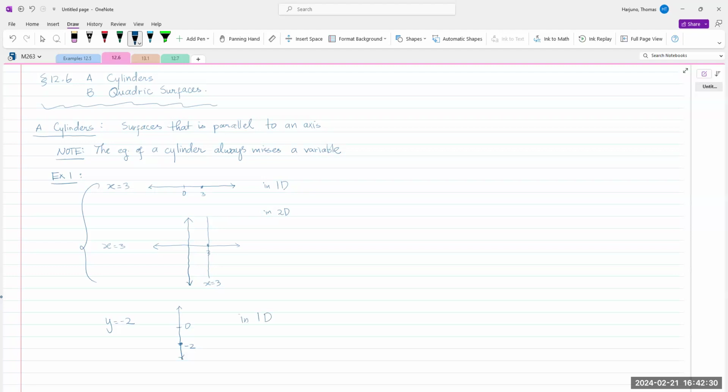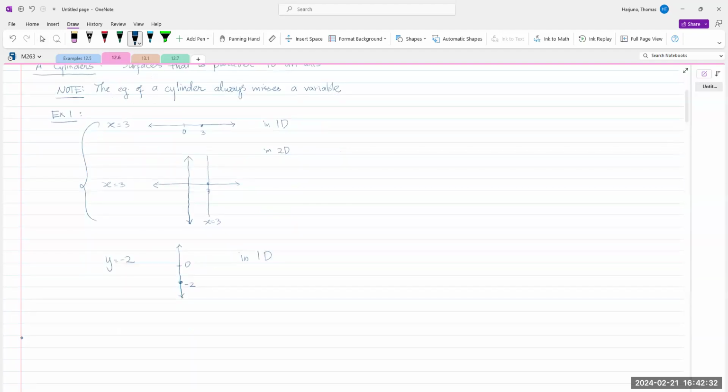However, in 2 dimensions, you copy that point -2 along, or parallel to, the x-axis. So you get y equals -2 as a line in 2 dimensions.